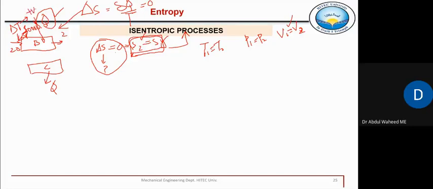So whenever we have a positive delta T and heat is transferred, it can never be assumed as an isentropic process. The purpose here is heat transfer, and with heat transfer into or out of the system, the process can never be isentropic.